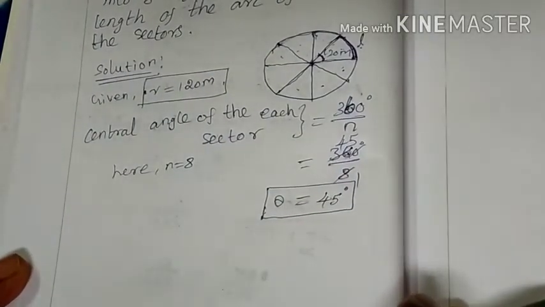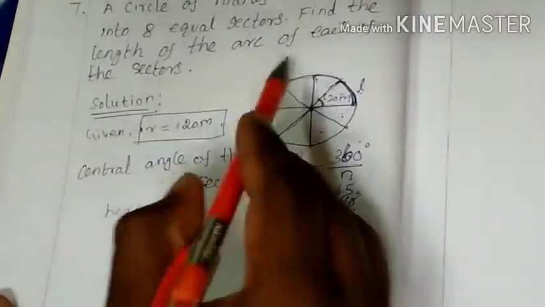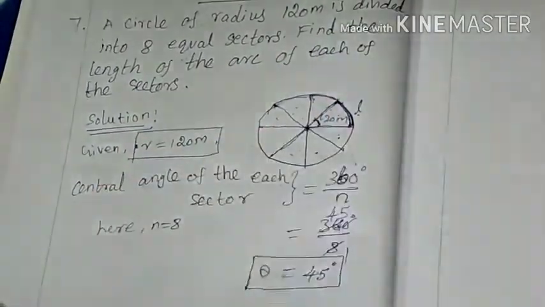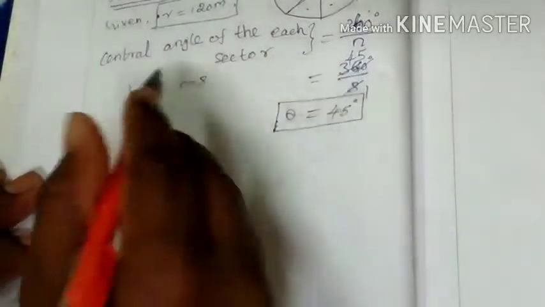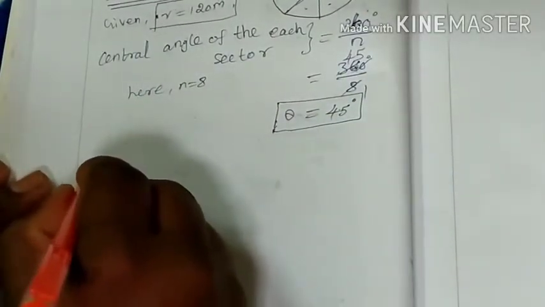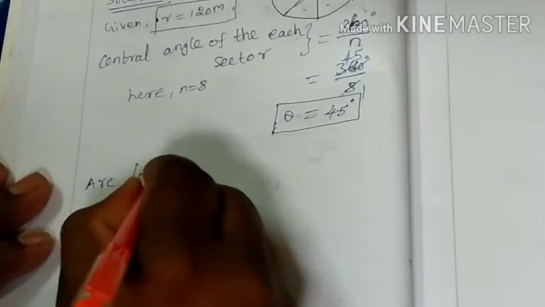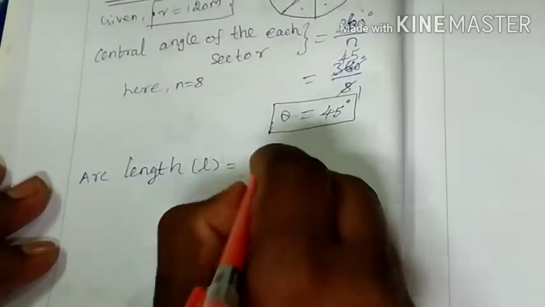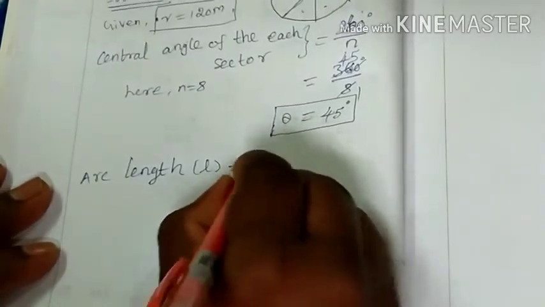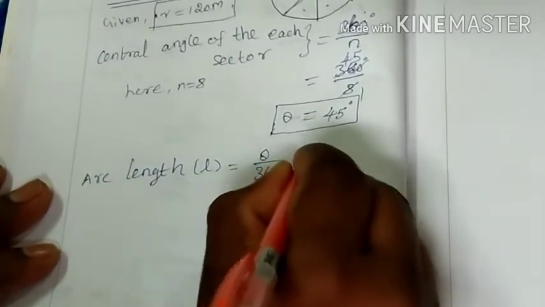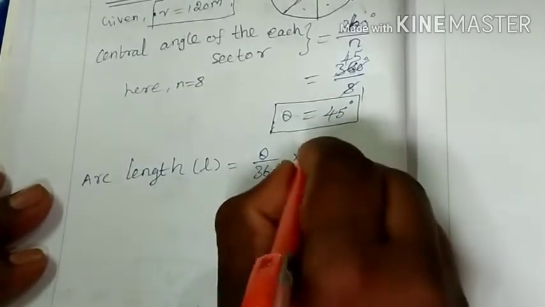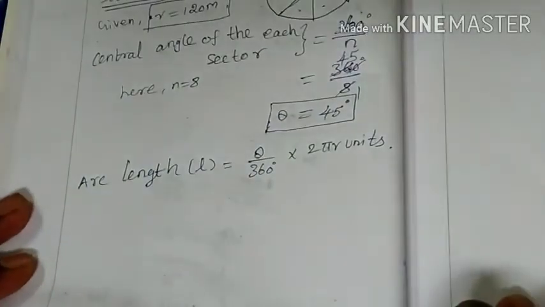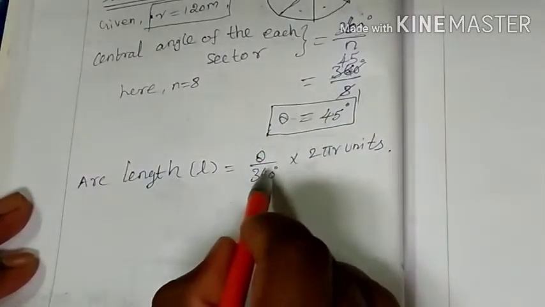So the question is to find the length of the arc of each of the sectors, the L value, the arc length. L is equal to the formula theta divided by 360 degree into 2 pi r units. This is your formula when theta is given.